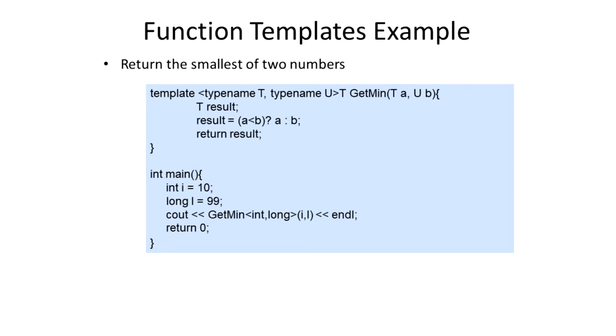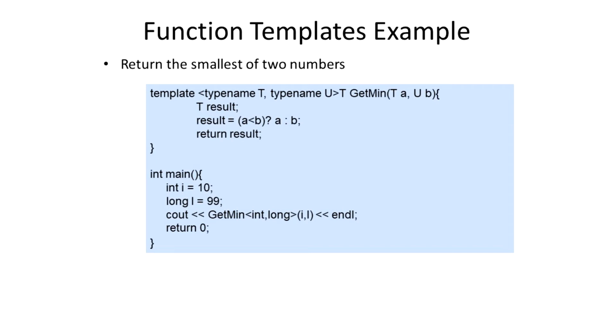The first parameter is of type T, identified as A, and then the second parameter is of type U, and it's identified as B. We've also got T result, so that temporary variable within the function will take on the type of the first data type passed to the typename T. And then we perform the, well, it's actually the getMin this time. It actually returns the minimum of A and B rather than the maximum of A and B.